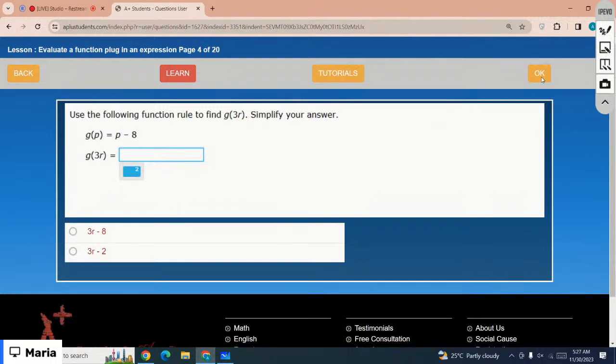Yes, the correct option is 3r minus 8. Option number 1 is the correct option. Very good.